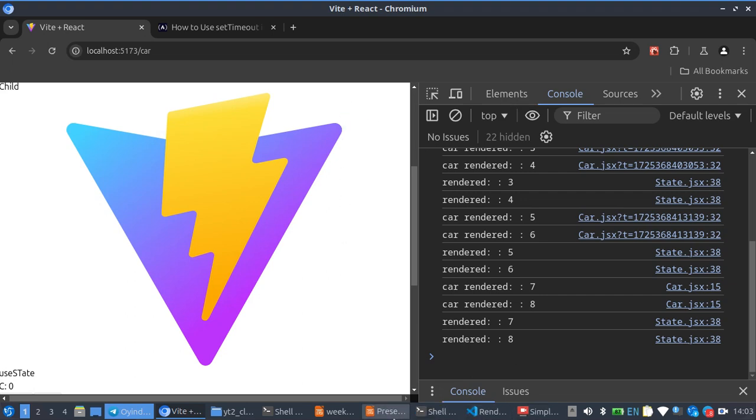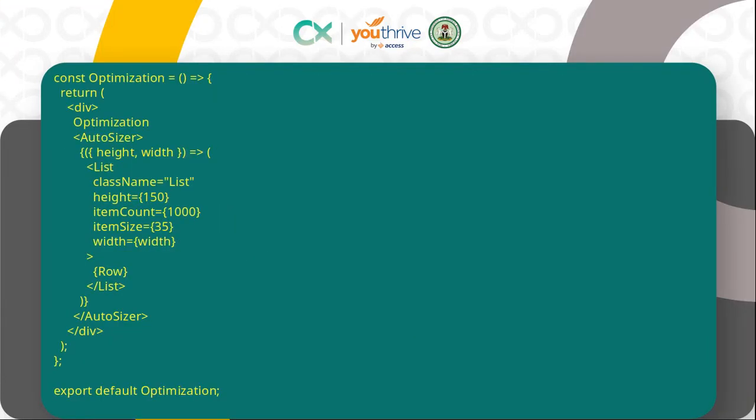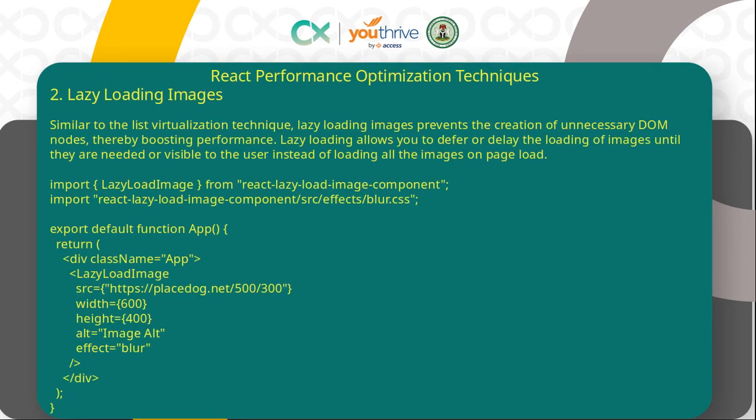Before I move to the business of today, which is lazy loading images: similar to list virtualization techniques, lazy loading images prevents the creation of unnecessary DOM nodes, thereby boosting performance.